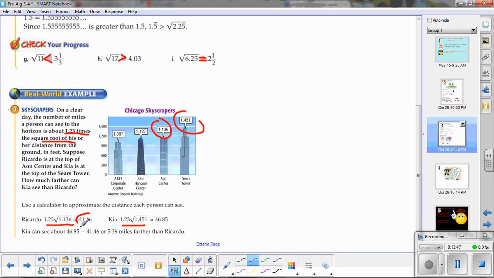And when you do that, you get these two numbers, about. And so now if you want to know how much further Kia can see, you would want to take her distance she can see and subtract the other person from it. When you do that, you get about 5.39 or 5 39/100 miles.